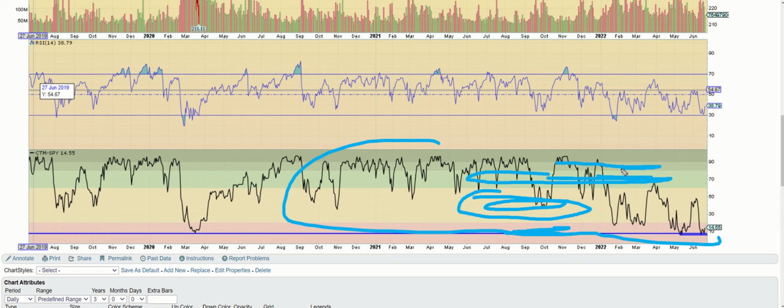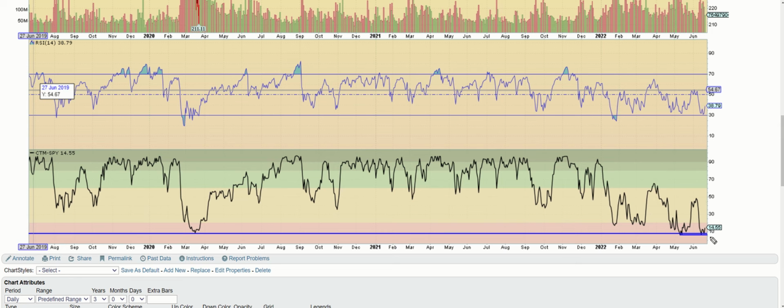In this slightly darker shade of green, we've got a stronger uptrend. But when it's up here in this dark green, we've got a very strong uptrend. Right now we're down here in the pink, a very strong downtrend is what it's telling us.